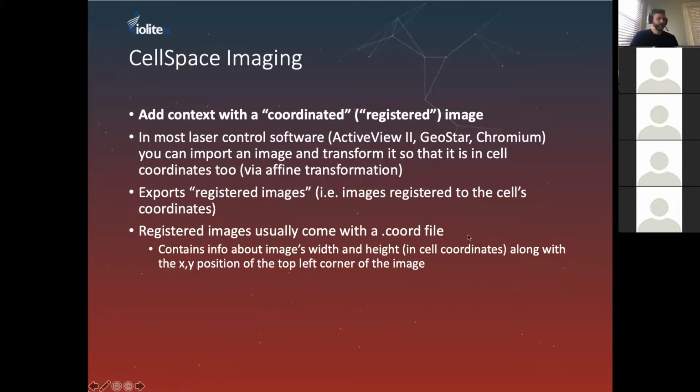And once they're registered, they normally come with a .coord file. And this is just a text file, and it just has some information in there about your image. So normally pieces of information that iolite needs are the width and height in cell coordinates, and the top left position of the image. So with those bits of information, we can then plot the registered image also in our cell coordinates.